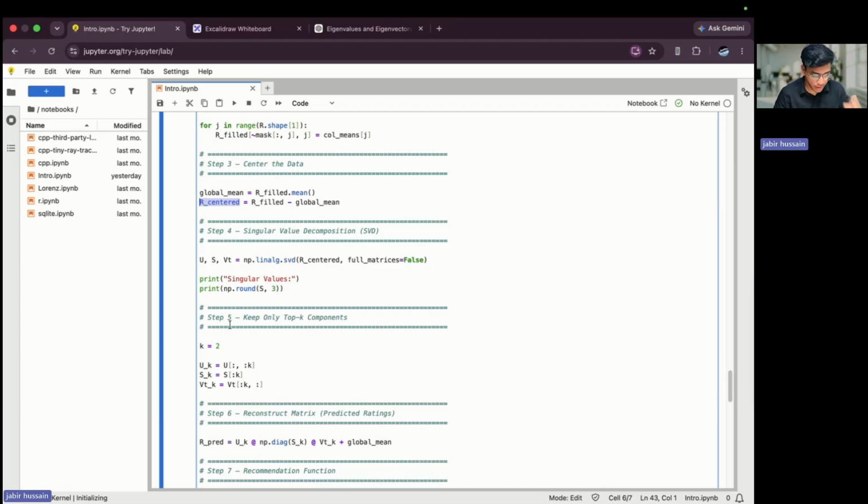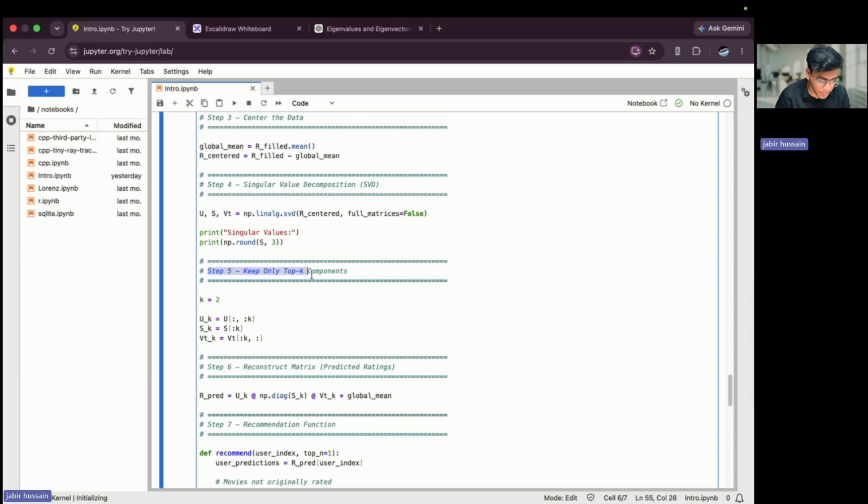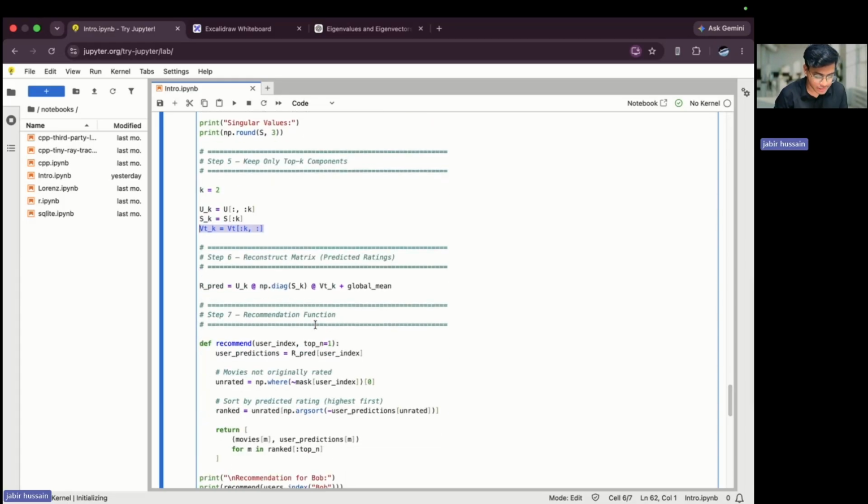So we are going to take the top k elements. So we are representing k. According to the k value, we are taking U of k, which is U1, U2, and S of k, which is sigma 1, sigma 2 only, and V of k, which is vector 1, vector 2, two rows, that's it.